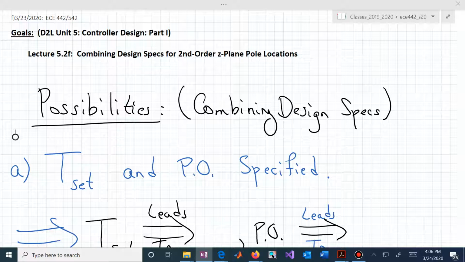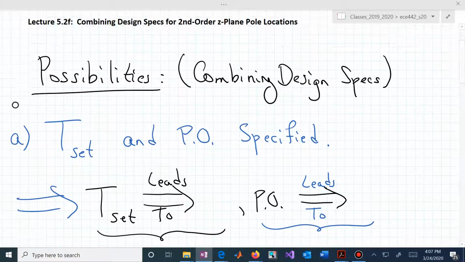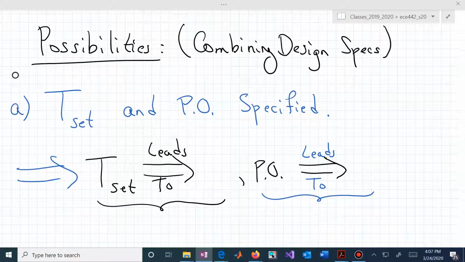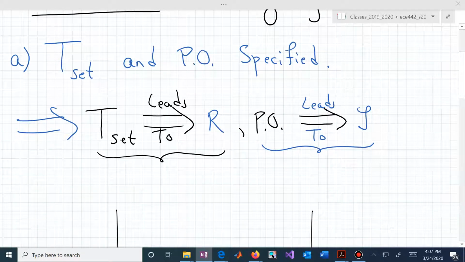Let's now look at what happens when we combine a settling time specification and a percent overshoot specification and try to satisfy those two design specifications simultaneously. What do we know about T-settling? That leads to circles, so now we're thinking about the radius, r, and percent overshoot gives rise to the damping ratio, this zeta value.